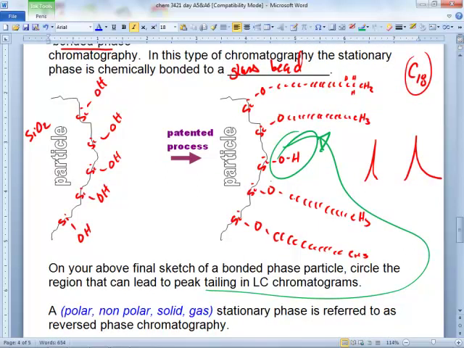A blank stationary phase is referred to as reverse phase chromatography. Anna, what would you guess? Non-polar, right? Because before we said normal was polar, so non-polar. Right. Like dissolves like.